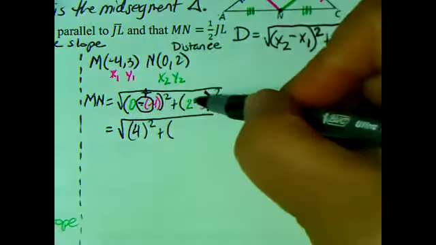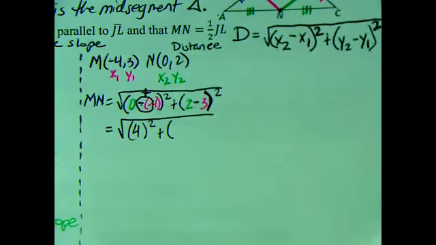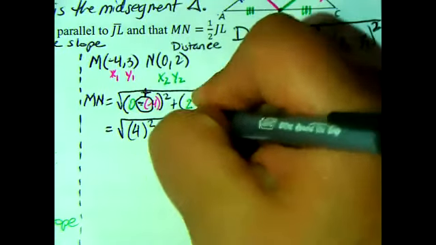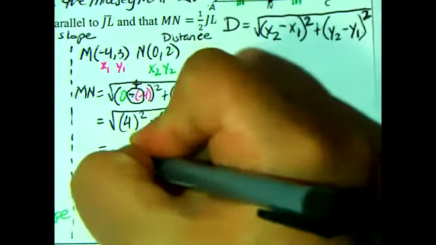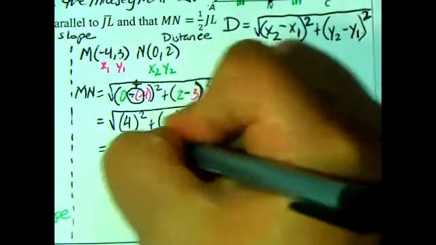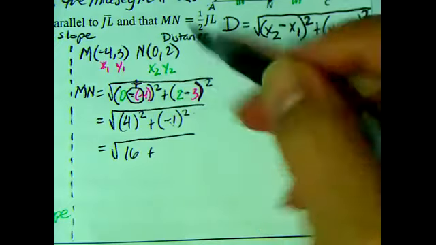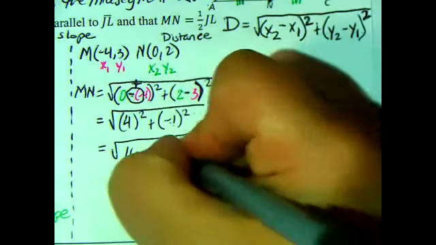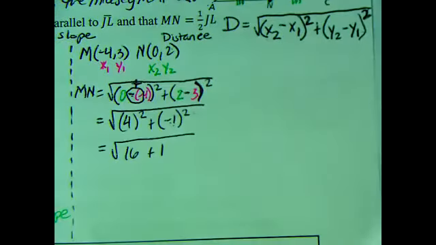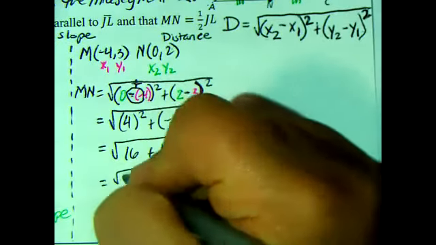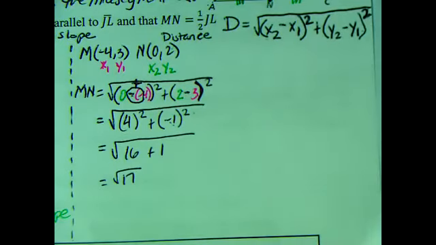Plus 2 minus 3 is going to be -1, and square that. So I keep going inside the radical. 4 squared is 16, plus -1 squared, that's -1 times -1, which is 1. Add those together, I get the square root of 17.